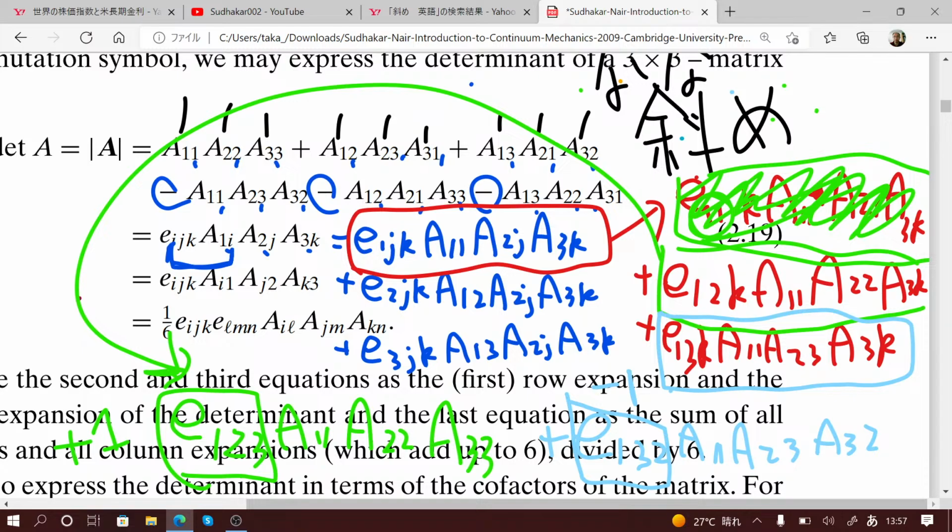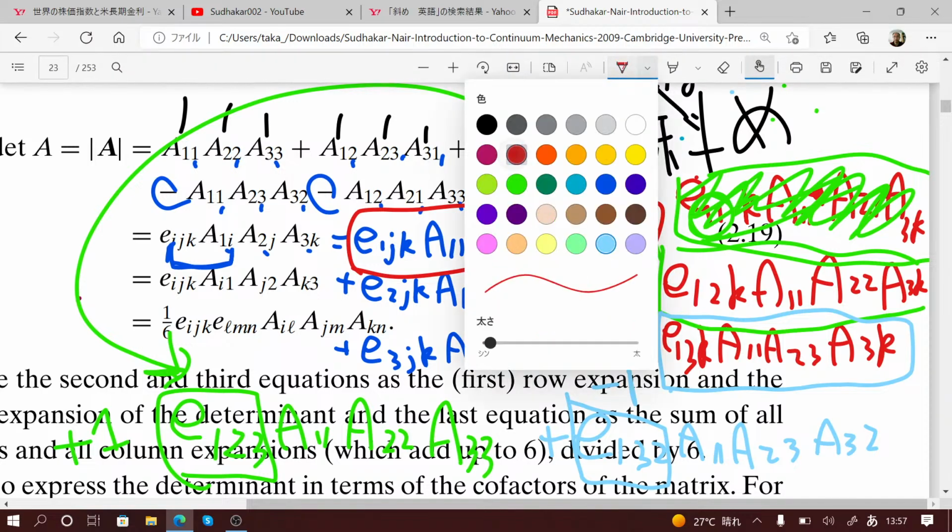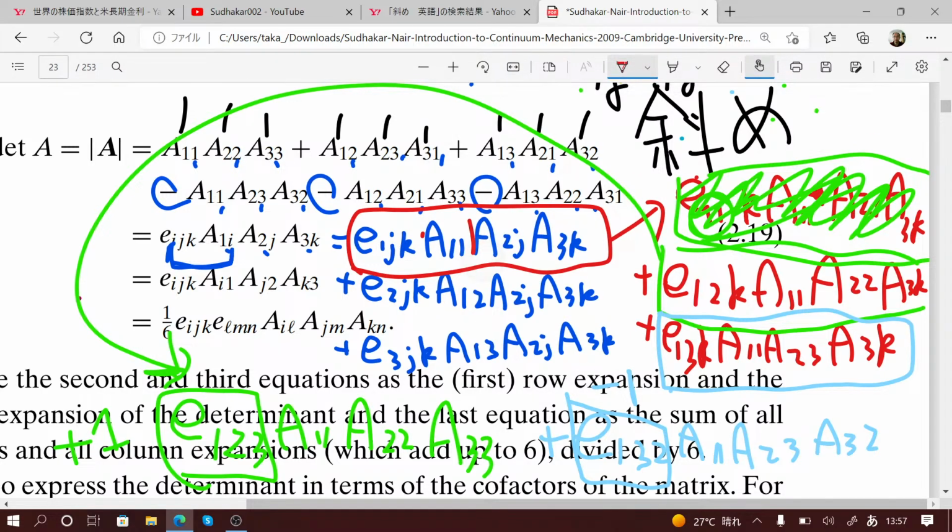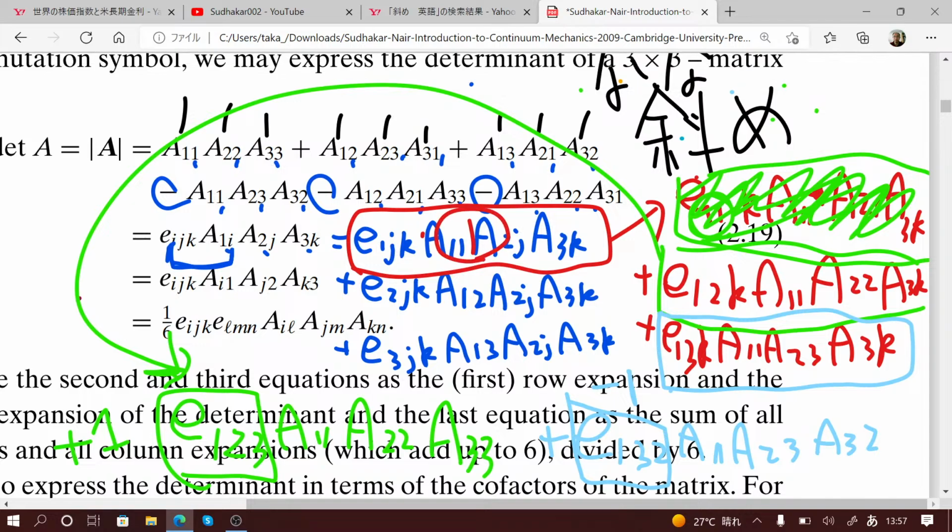So what we can conclude here is, from this first term, let me see, I can use red, this one, we have two terms. This term and this term.